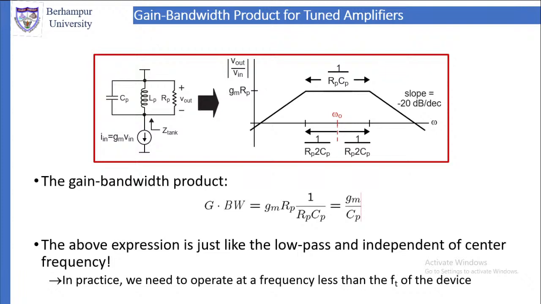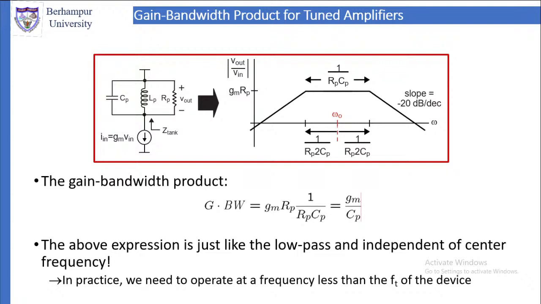Now, what will be the gain of the tank circuit, or the gain of the amplifier? That we have to find out. How do you find the gain? We find the gain by finding the output voltage and dividing it by the input voltage. That gives us the voltage gain.